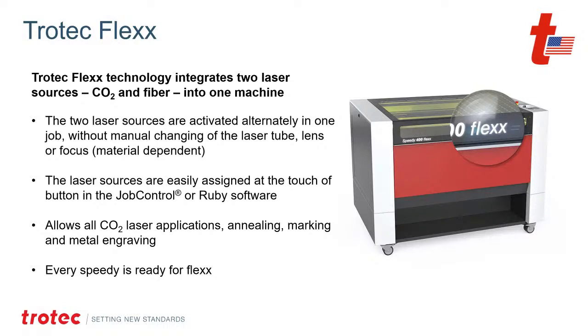In this way, the laser can jump back and forth, pending you have the right lens assigned on the laser system. The Flex unit allows all CO2 laser applications, annealing, marking, and metal engraving, as well as the fiber laser as well. Every Speedy is ready for Flex. And so if you have a Speedy laser system and you want to add a fiber laser, you can do that.